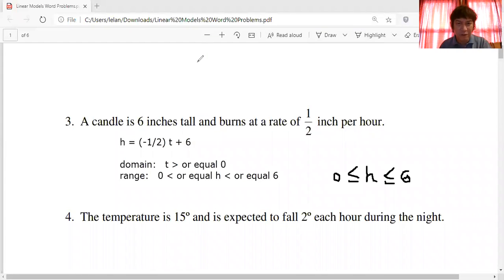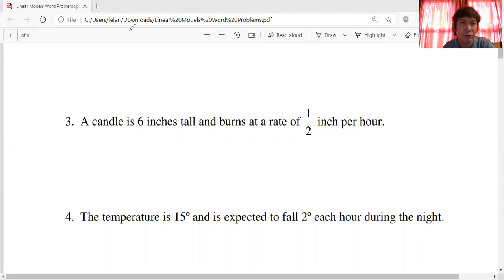So the range of the height is in between 0 and 6. There will be no negatives here. So this is how to interpret this physically, the physical application. All right, let's have the next one for more examples.